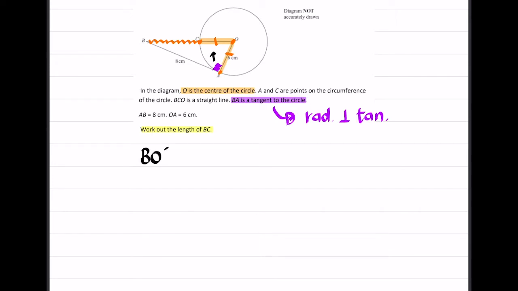BO squared is equal to side 1 squared, which is OA, plus side 2 squared, which is AB. So BO squared is equal to OA, which is 6 squared, plus AB, which is 8 squared.